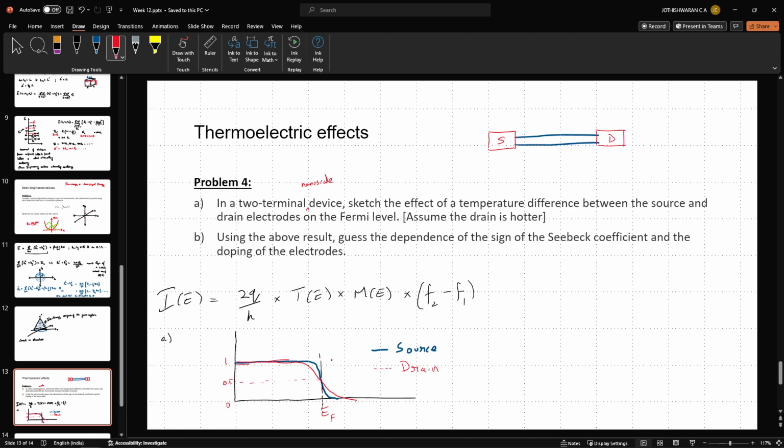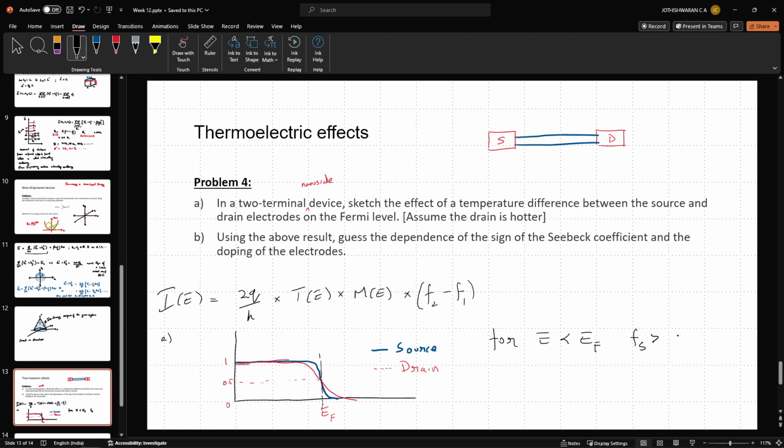So this is how it looks. Now the difference is as follows. For E less than EF, we know the source Fermi function is greater than the drain Fermi function.